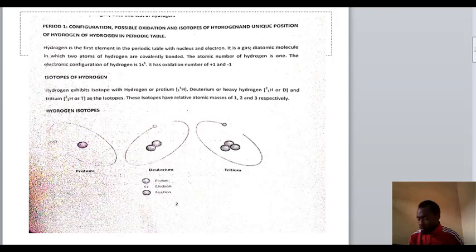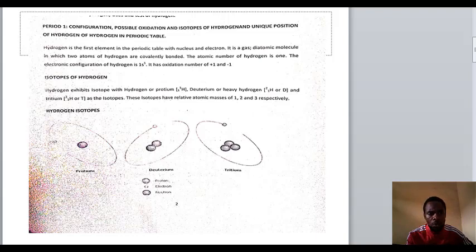It was first discovered in the 17th century by a scientist named Cavendish, but was later named by Lavoisier as hydrogen, which means water former.